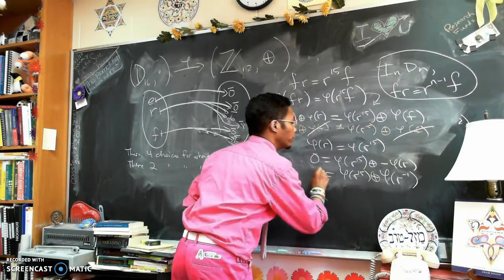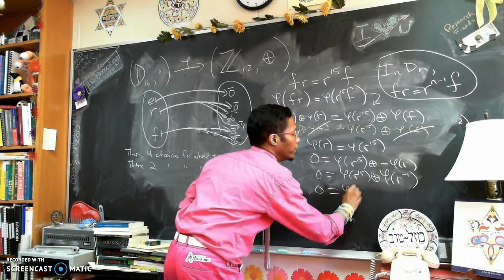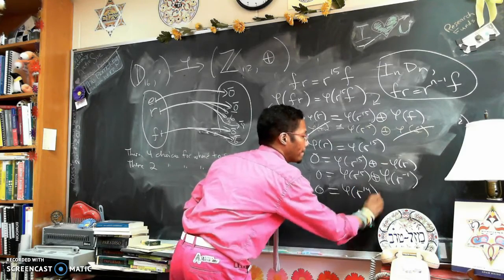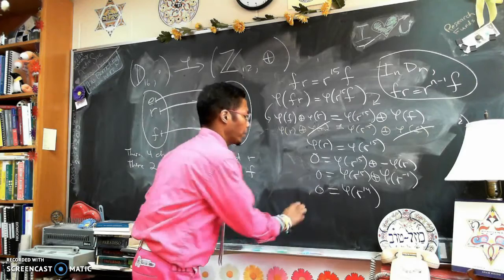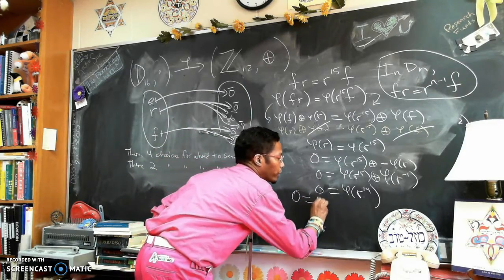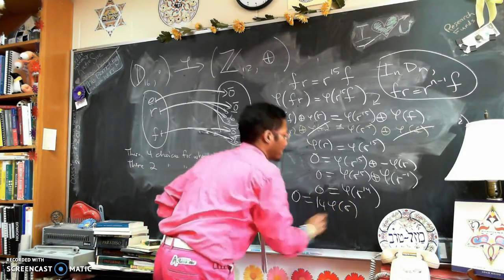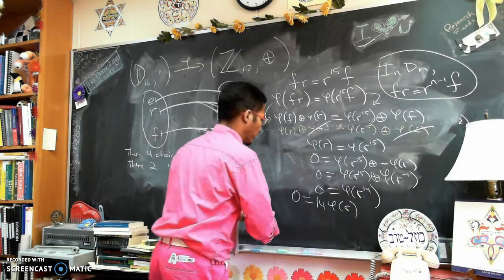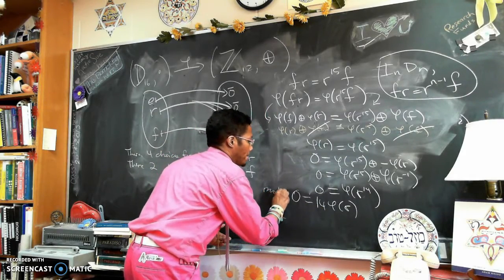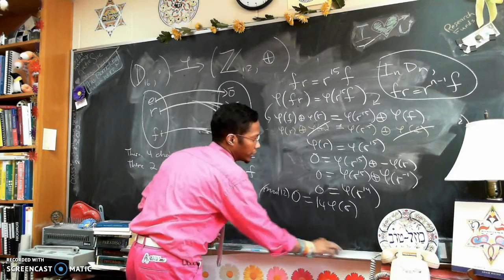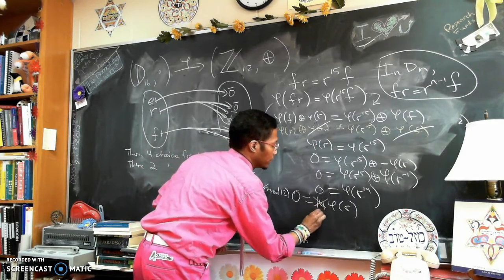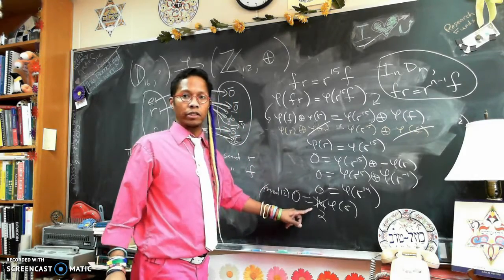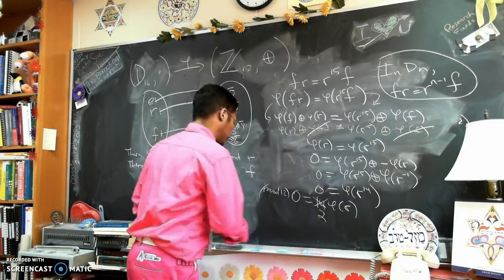And then we conclude that 0 equals phi of R to the 14th, because R to the 15th times R to the negative 1 is R to the 14th. By the homomorphism properties, 0 is 14 phi of R. And this is all mod 12. Mod 12, I can reduce this 14 down to a 2, because 14 is congruent to 2 mod 12. So we're trying to solve the following.